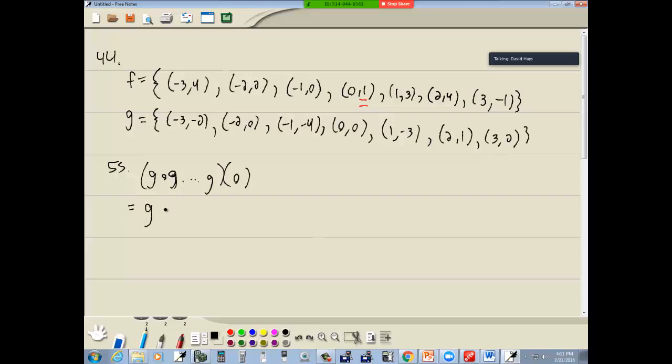Now, regardless, no matter how we set it up, this would be g of so on until your first one there, and that is g of 0. Well, if I look at that one there, g of 0 would equal 0. So it's 0, 0, 0, 0.